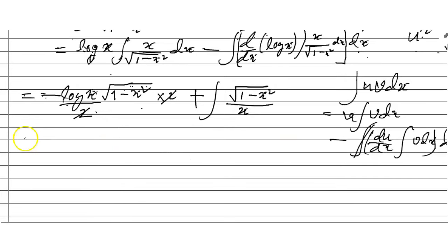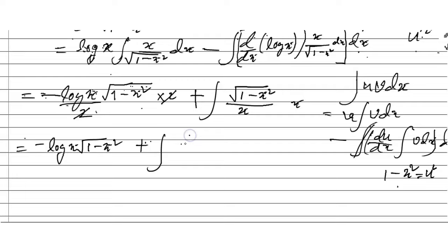And now here we get minus log x root over 1 minus x square and plus dx, and integration it will become, 1 minus x square is equal to u square.